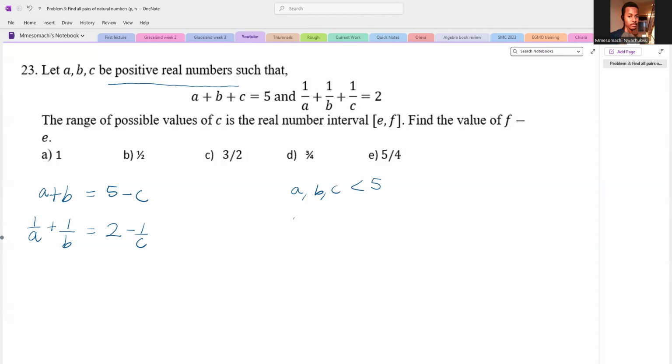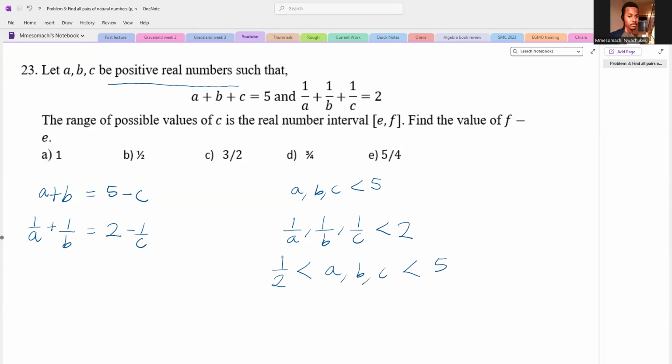So that means each of 1 over A, 1 over B, 1 over C must be less than 2. That implies 1 over 2 must be less than A, B, and C. So basically A, B, and C are in the range half to 5. At least this is a weak bound, so this might come in handy sometime in the future.